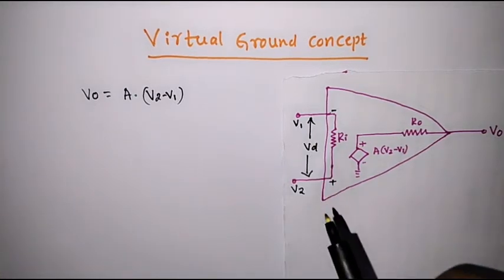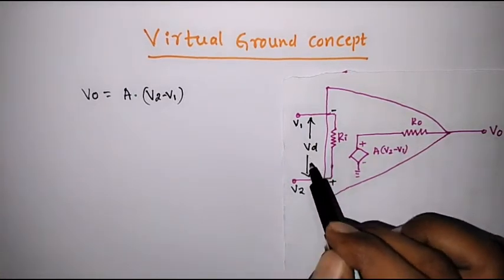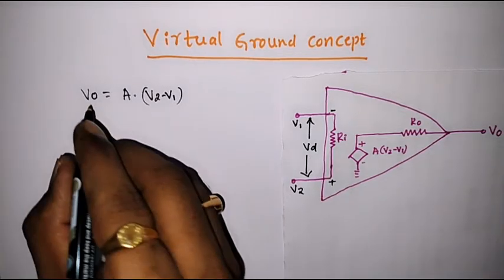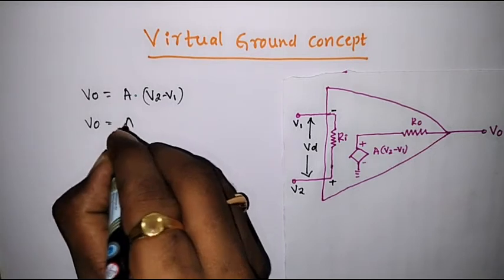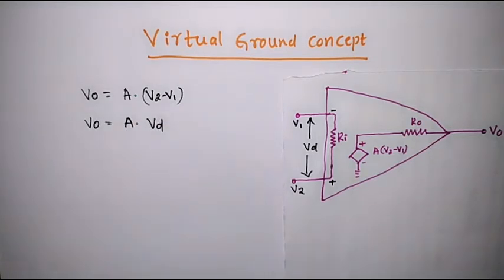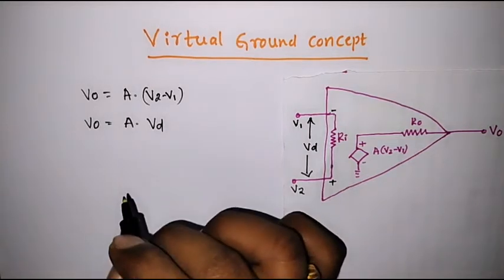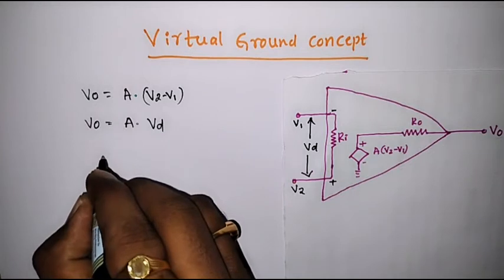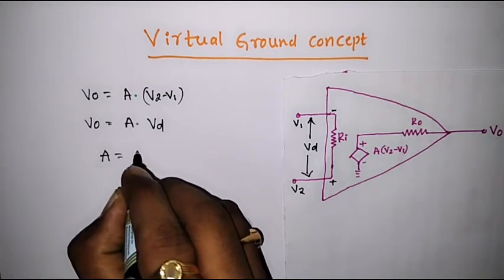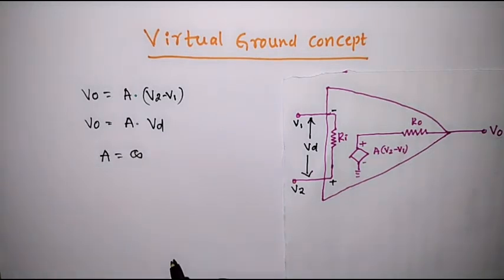We know that the operational amplifier will amplify the difference voltage, and we can now represent the output equation as VO is equal to A into Vd. Already we studied that the ideal op amp has open loop voltage gain A equal to infinity.